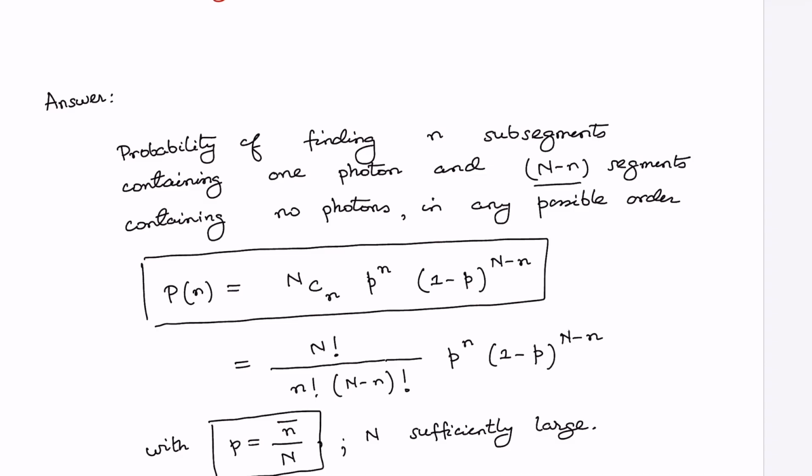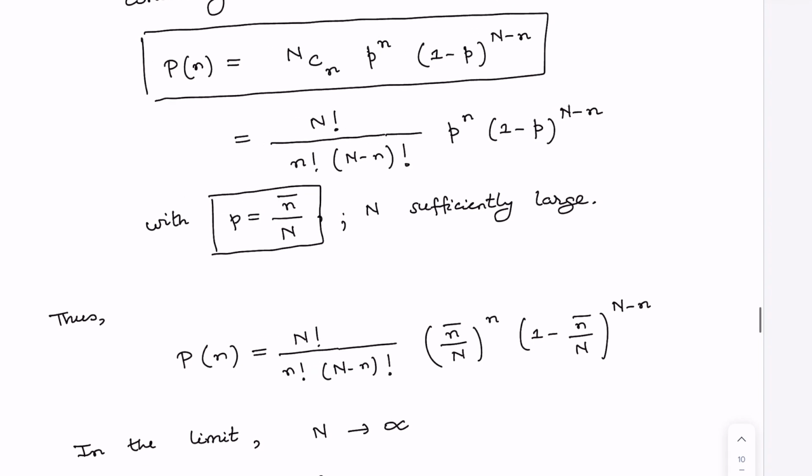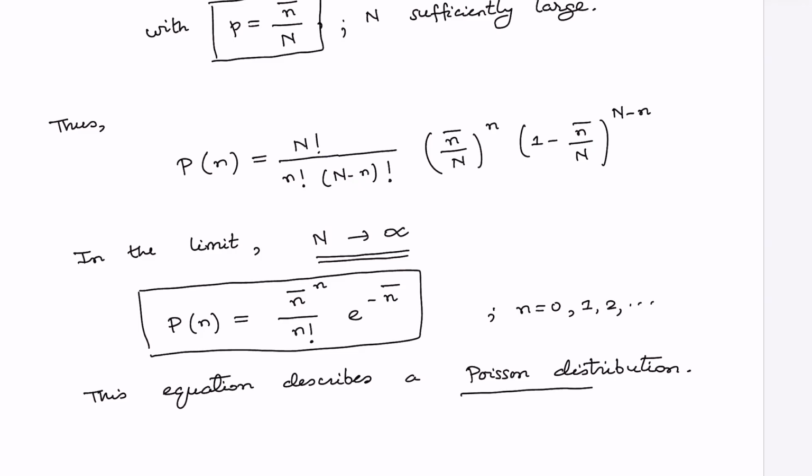We are considering the subsegment number to be sufficiently large, and we can actually work it out in the limit of very large N, that means capital N tends to infinity. You are going to get this expression here, and this expression represents the so-called Poissonian distribution.